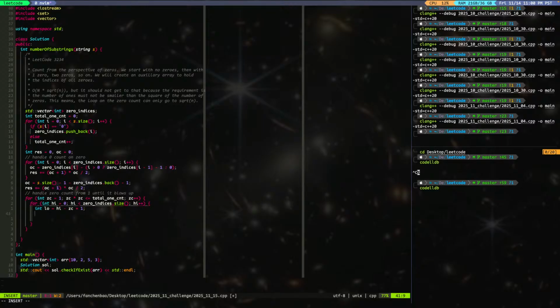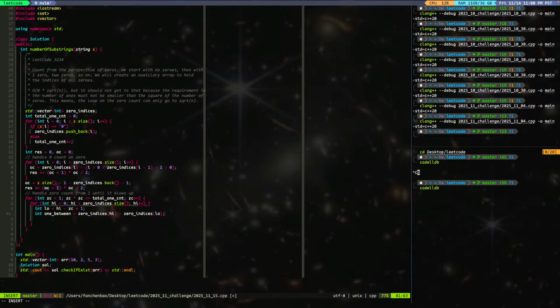Okay. And then we'll say one in between. One in between shall be 0 indices high minus 0 indices low. Right? 0, 1, 2.